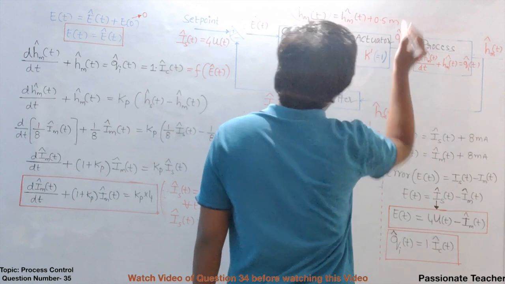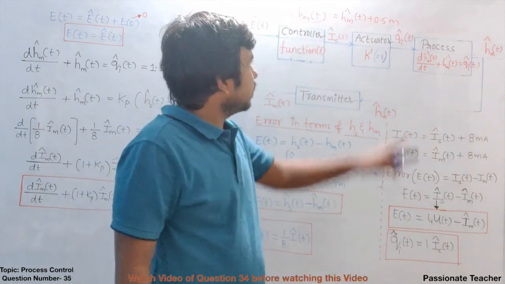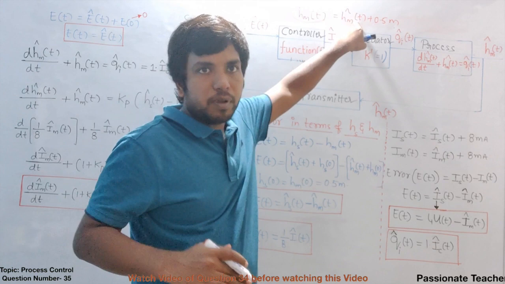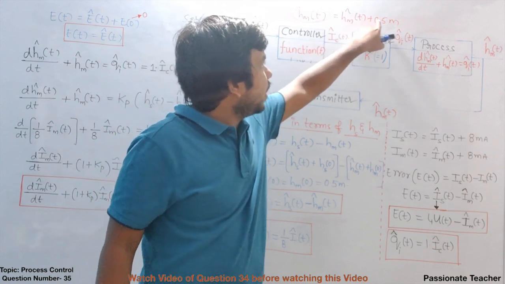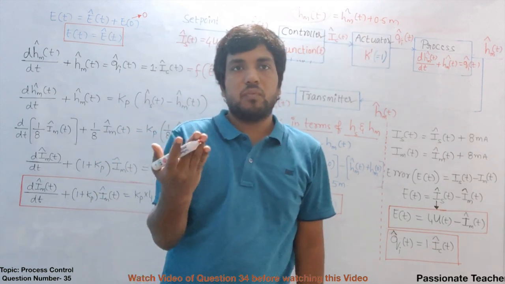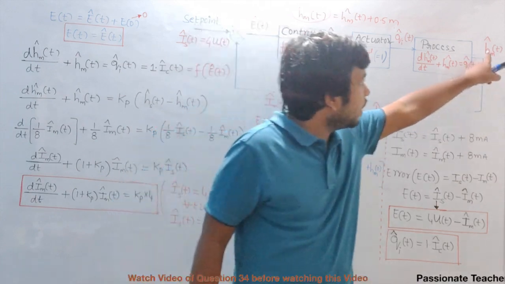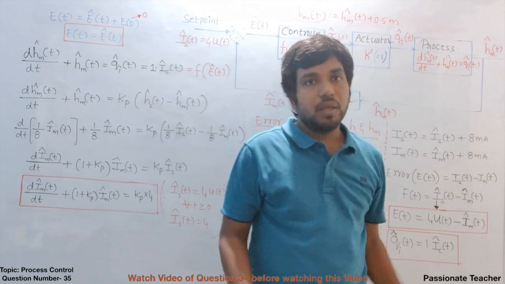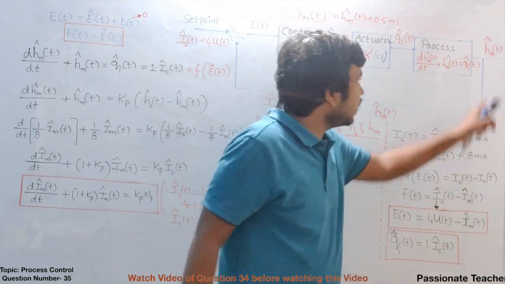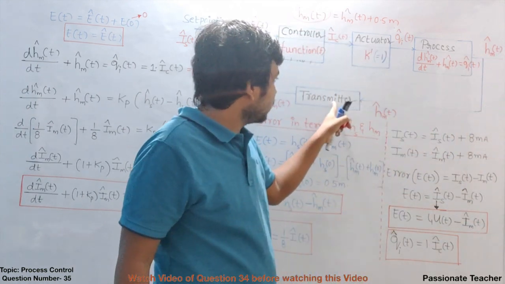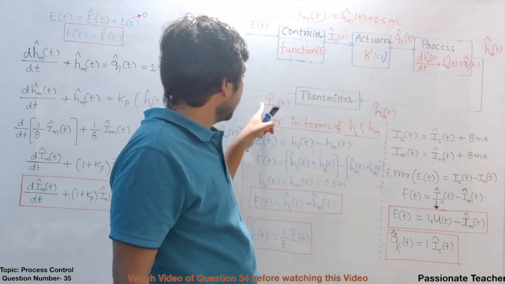These things you need to know. Clear? Because if you bring this value to 0.5 meter, then this value plus this value together will become 1 meter. So the ultimate aim for the controller here is to make this hm cap of t equal to 0.5 meter. As I said, this water level will be measured by the transmitter, and then the transmitter will generate the current.